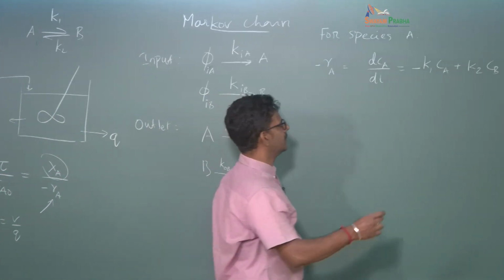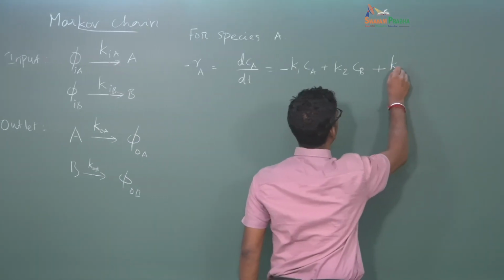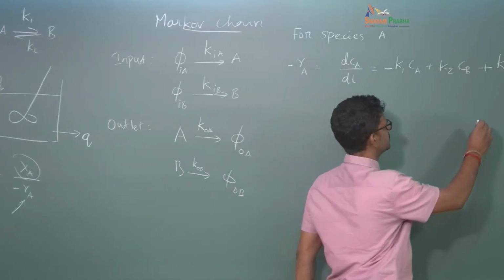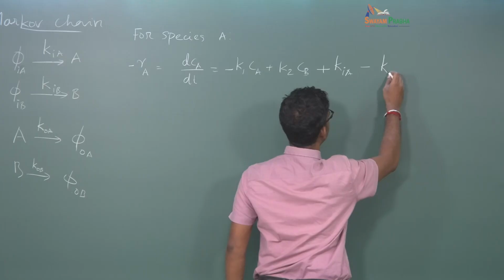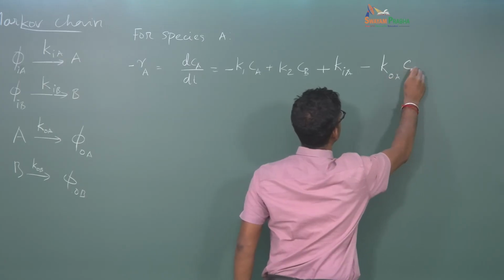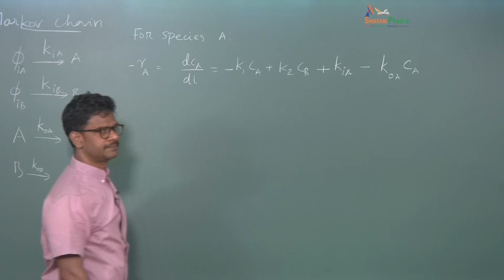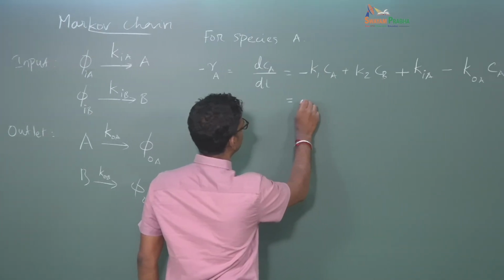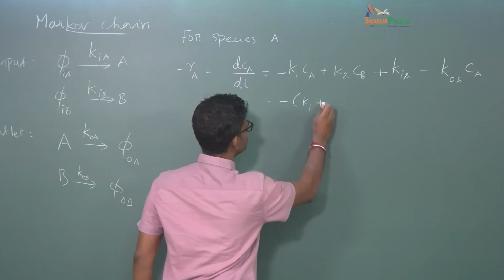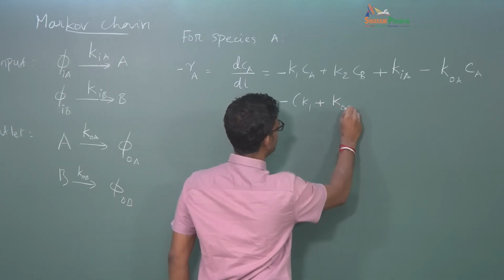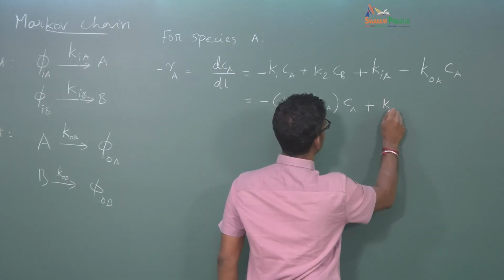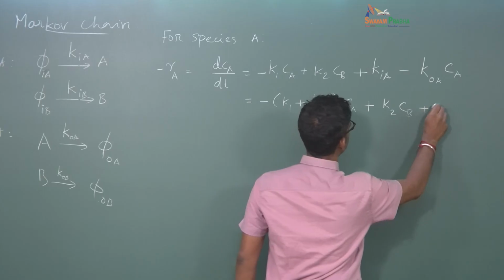So I will say this is equal to KIA, because this is a zero order reaction, and it is depleted with KOA CA. So you can write this as minus (K1 plus KOA) CA plus K2 CB plus KIA.